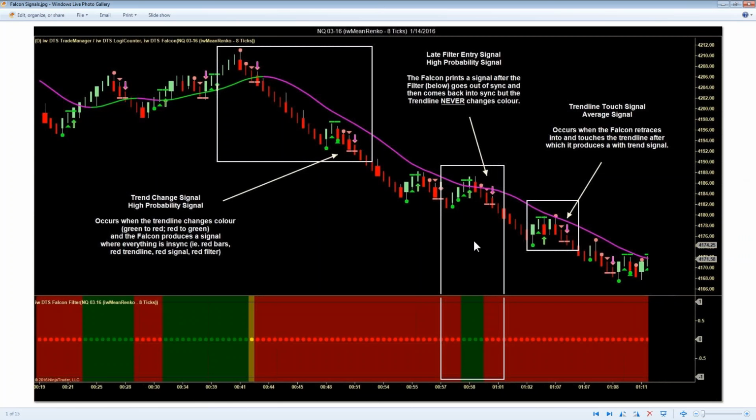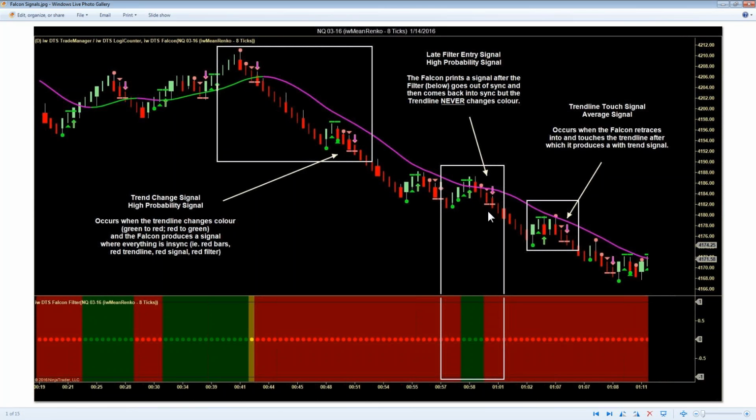Here's a cheat sheet for the Falcon. You can see there's really just 3 basic signals that we're concentrating on. Your trend change signal, which again is your first in-sync signal after the trend line changes color. The late filter entry signal, a very high probability signal. Filter changes color, trend line does not.